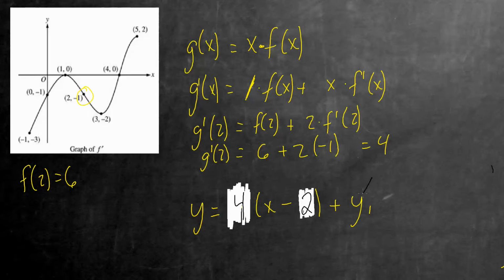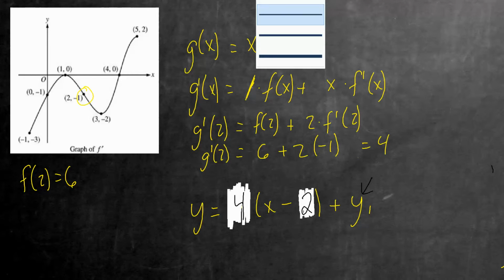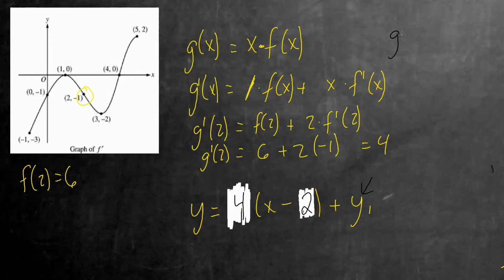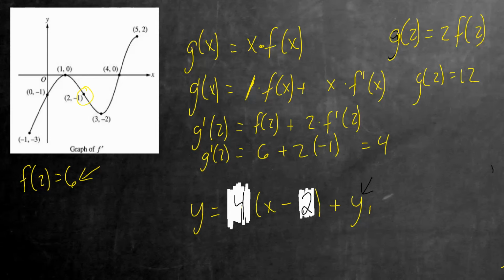Good. So the only thing we need left is what was our y value. To find g of 2, we need 2 times f of 2. Again, f of 2 is 6. It actually showed up twice in this problem. So g of 2 is 12.